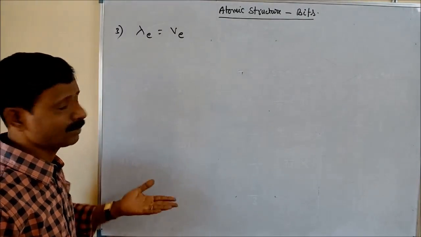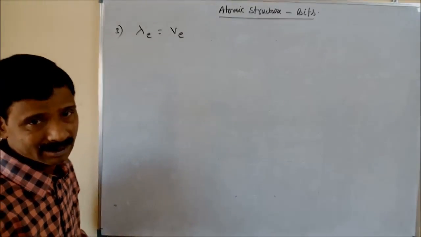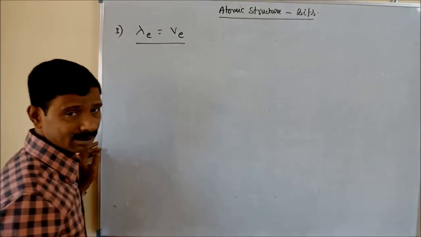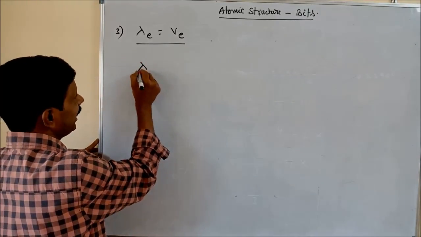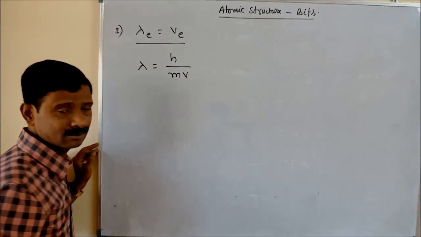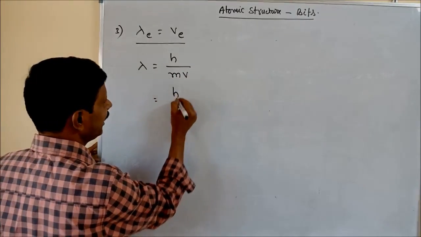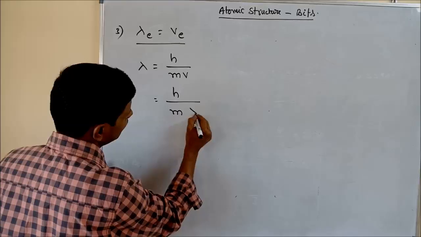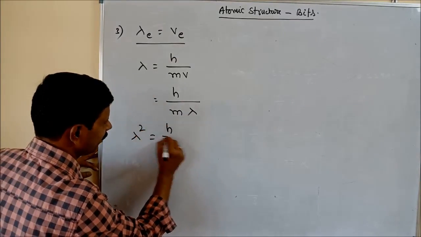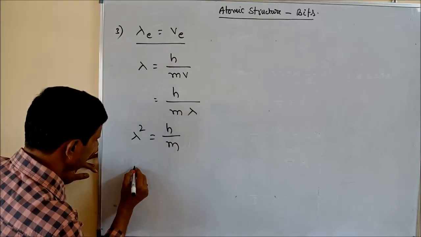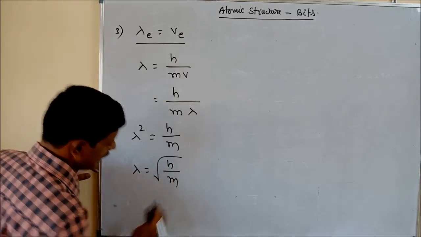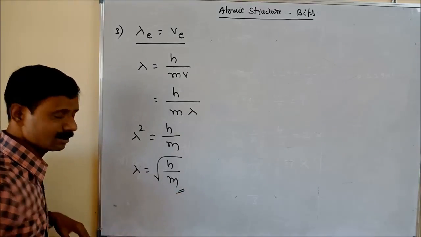Now, what about the proper relations? If wavelength equals velocity of the electron, as per de Broglie, lambda equals h by mv. So that means lambda equals h by m lambda. As per this, lambda square equals h by m, or lambda equals root h by m. So this is one way.